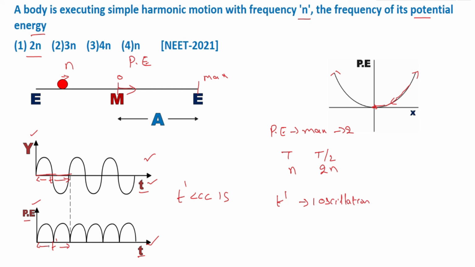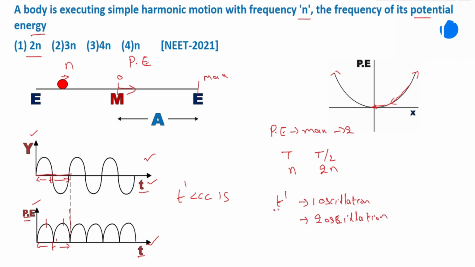Now in the same time t dash, the potential energy is reaching maximum twice, and it is clear that the potential energy is making two oscillations, or is varying twice. So what is the conclusion?